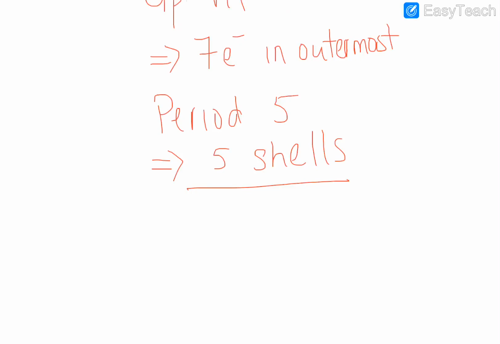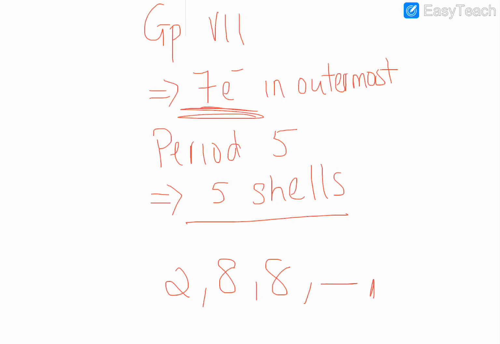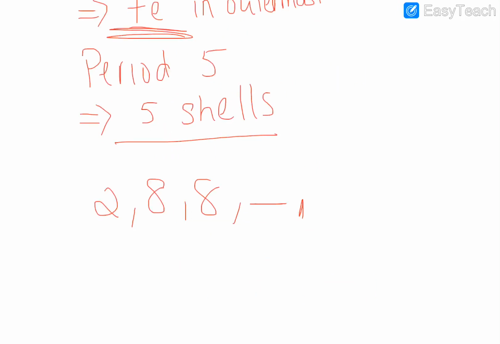So we know that there should be 2, 8, 8, then the 4th shell, I don't know how many electrons it holds. The 5th shell should contain 7 electrons. So 7 electrons are going to go in the outermost shell.